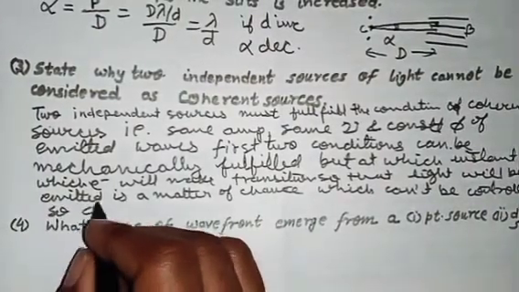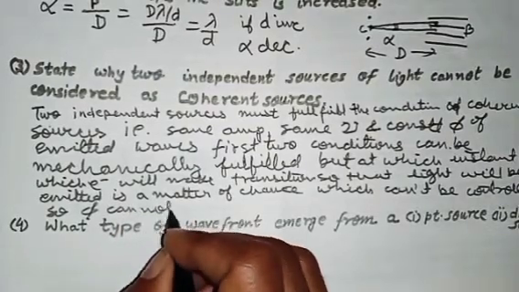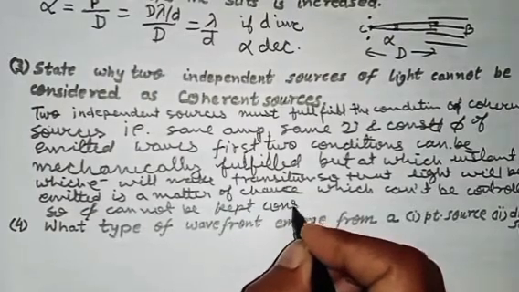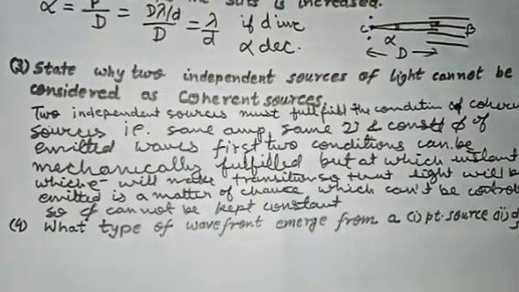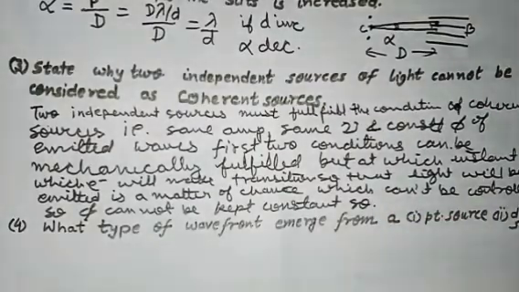So phase difference cannot be kept constant. So that's all. Two independent sources of light cannot be considered as coherent sources.